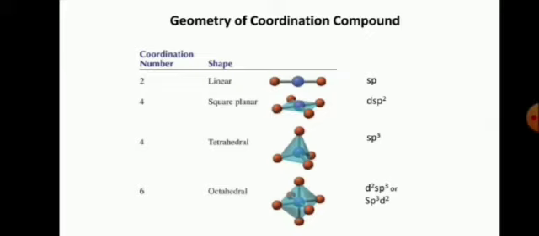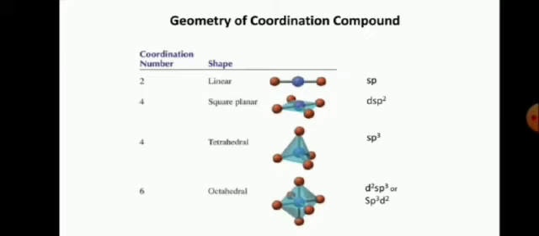When the hybridization is dsp2, the coordination compound appears to be square planar. The angle between the ligands is 90 degrees. However, when the hybridization is sp3, the complex appears to be tetrahedral. The angle is 109 degrees 28 minutes.